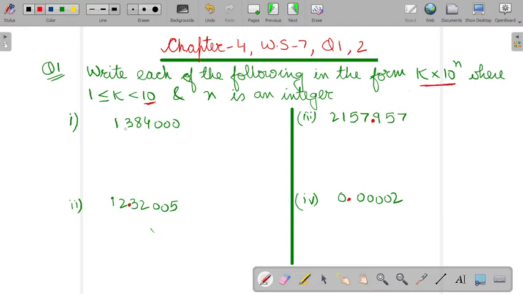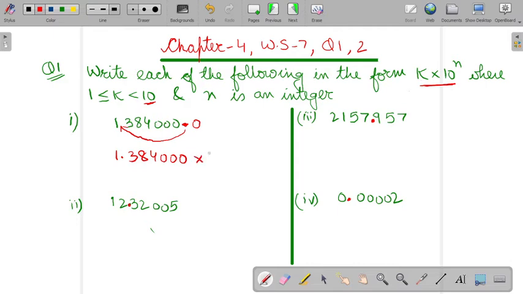How to convert it now? In the first part, look here, there is no decimal. So how can we put the decimal? We can put the decimal and then write 0. Now, shift this decimal after one digit. Since we are moving to the left side, how many digits are we moving? 1, 2, 3, 4, 5, 6.